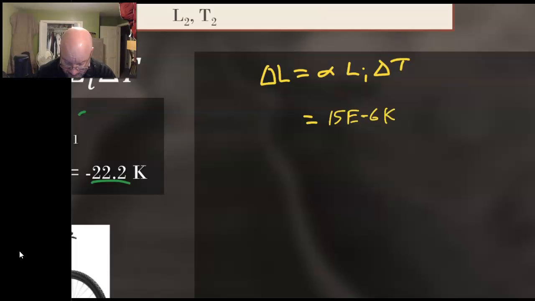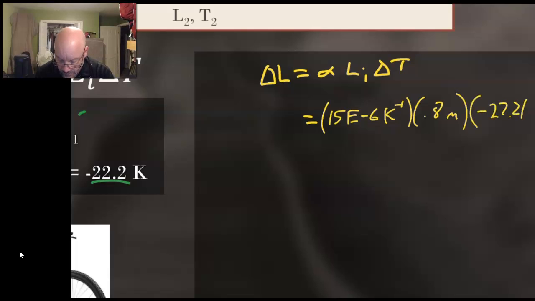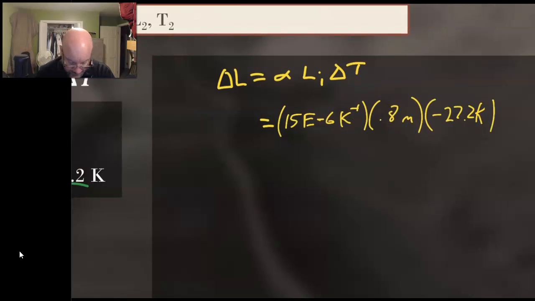So this is inverse Kelvin. Our length was 0.8 meters. And then our temperature change was minus 22.2 Kelvin.